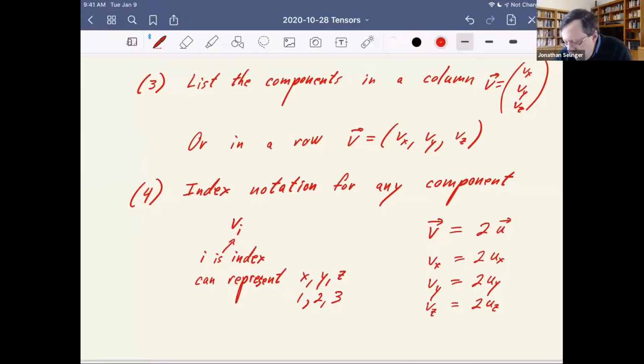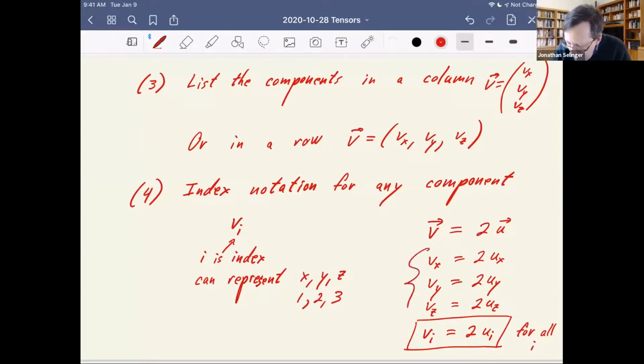The index notation is to say Vi equals 2 Ui. So this equation has to be true for all i. So it is true for i equals X, and it is true for i equals Y, and it is true for i equals Z. So this equation in the box means the same thing as those 3 equations all written out, right?